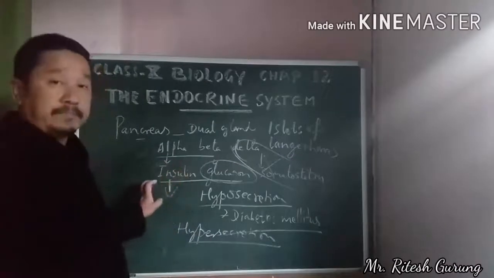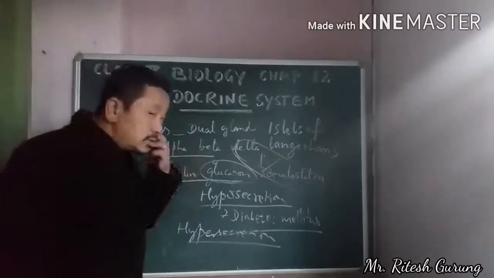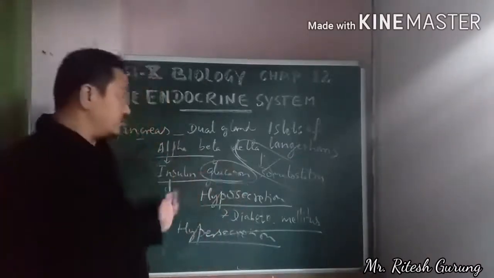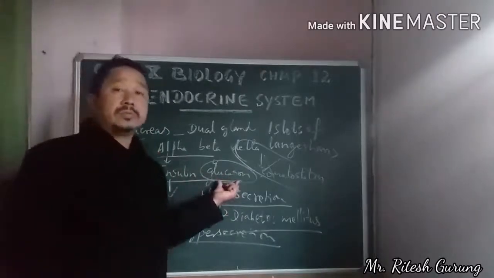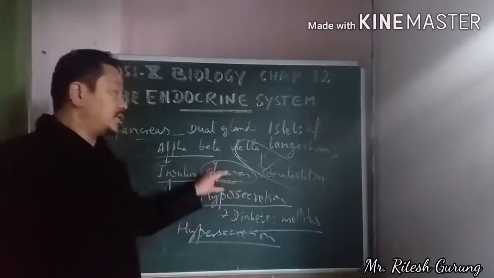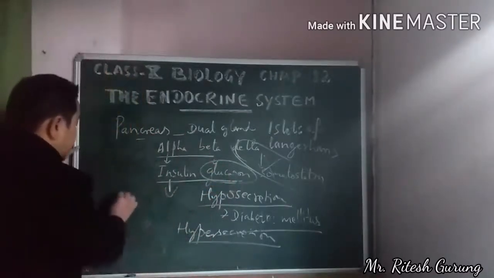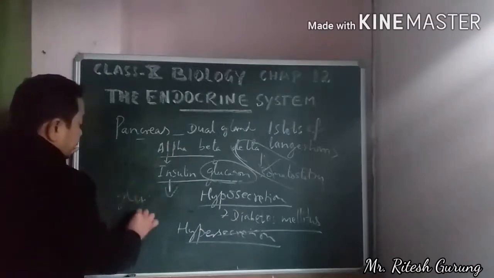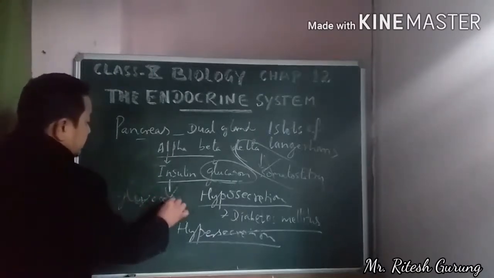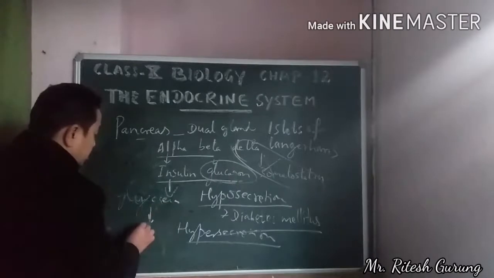But contrary to that, glucagon performs its function in the opposite way. It breaks down the glycogen into glucose.